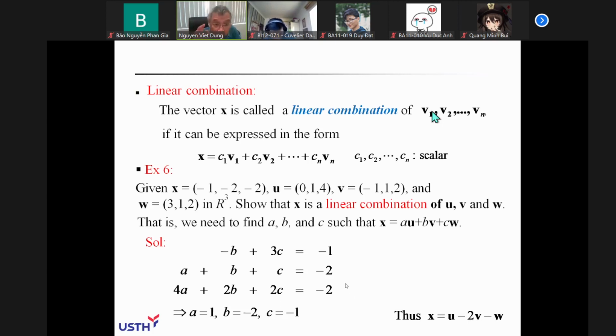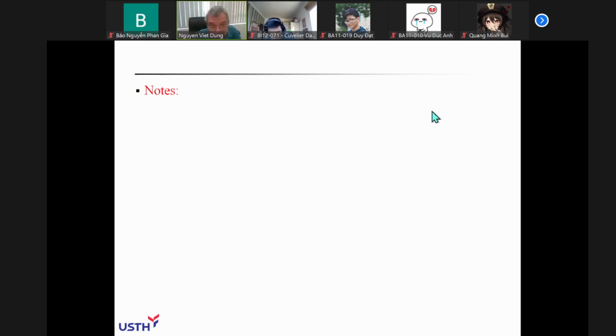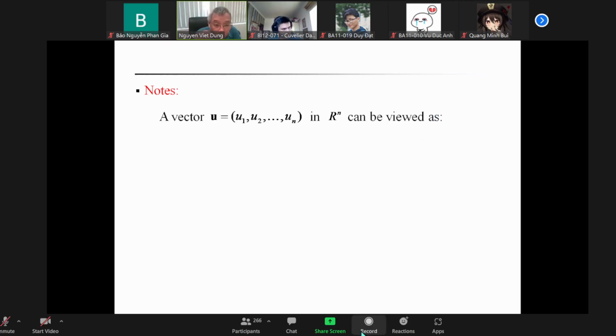That is the notion of linear combination. We will come back to the linear combination later, but now I want to compare the operations with vectors and the operations with matrices.